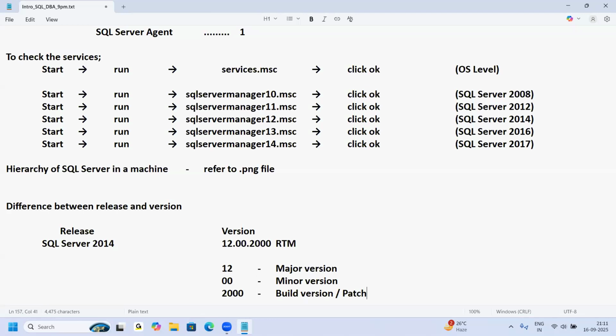RTM is what you call release to market. After introducing SQL Server software in 2014 with version 12.00.2000 RTM, Microsoft will still be working on that newly released software, because people will be using it for different reasons.